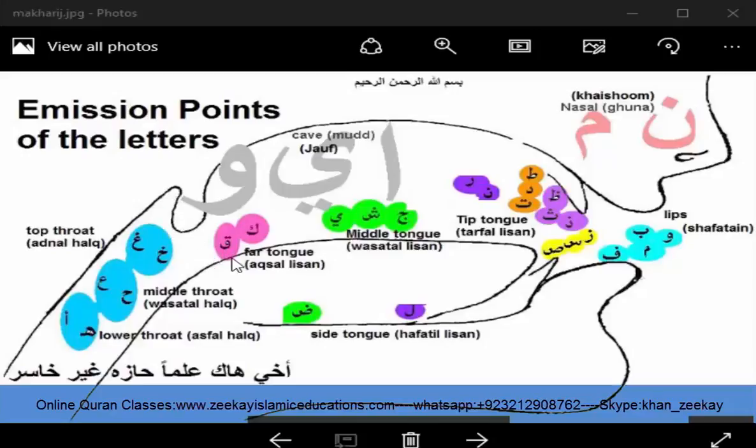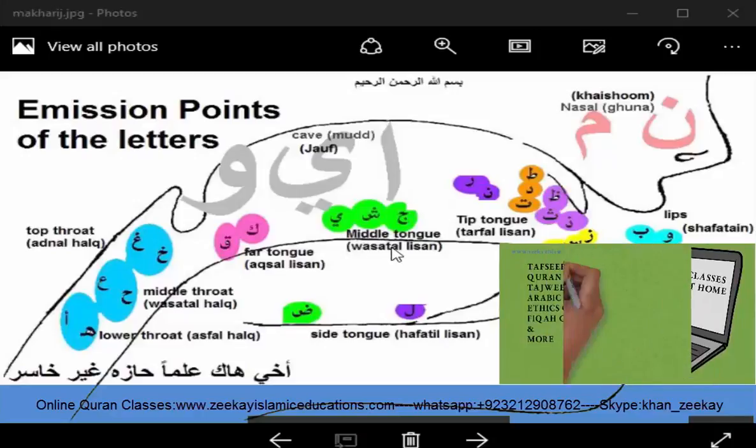From this origin, qaf and kaf are pronounced, but qaf is pronounced from the extreme part of the tongue. The next origin was the middle part of the tongue, and from this part, jim, shin, and ya mutaharrik having fatha, dhamma, kasra are pronounced. So this is all for today's lesson.